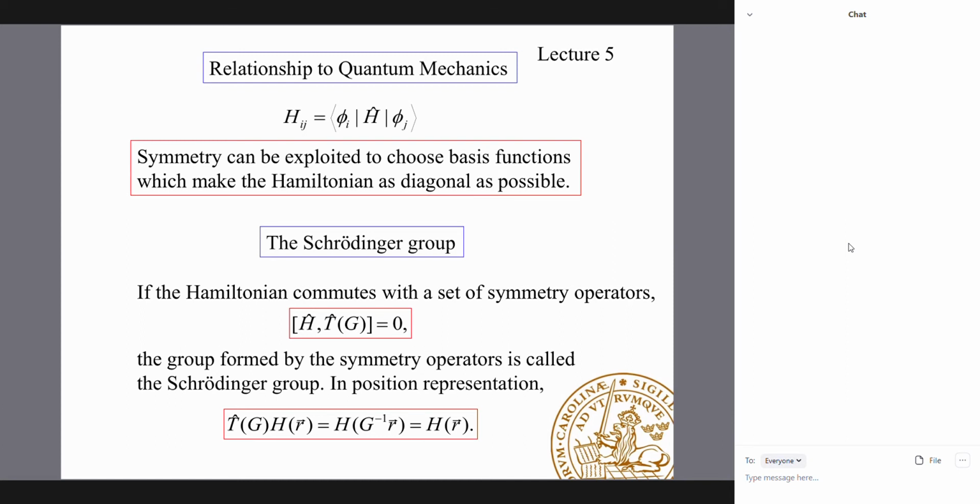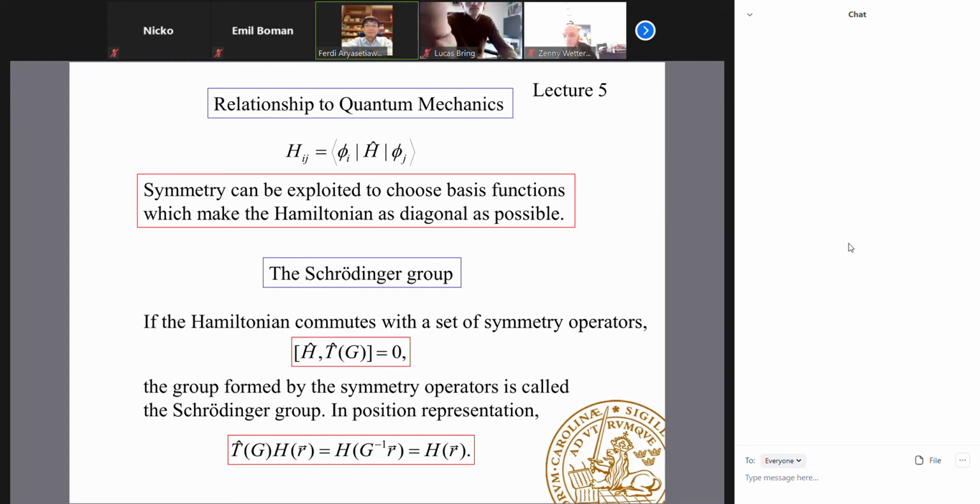Functions for representing symmetry operations. So we constructed a very useful tool, namely the projection operator, which allows us to decompose an arbitrary function into its irreducible components.